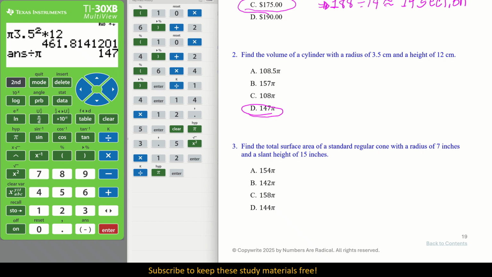We know that the circle on the bottom is pi r squared, okay? And we need to add that to the lateral surface area, which is pi times the r times that L, okay? And the L is going to be our slant height.